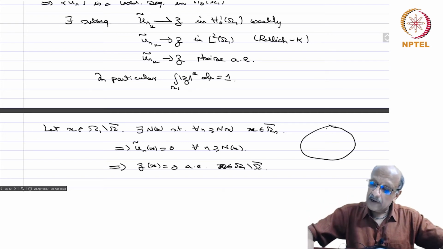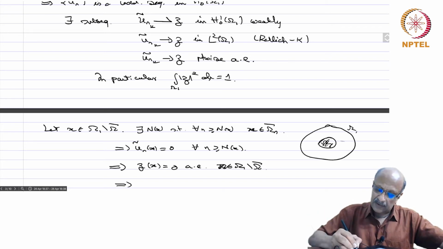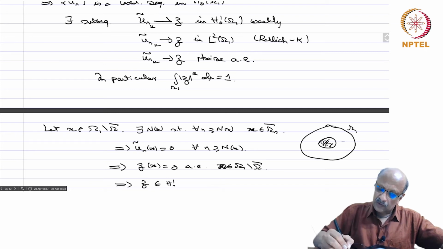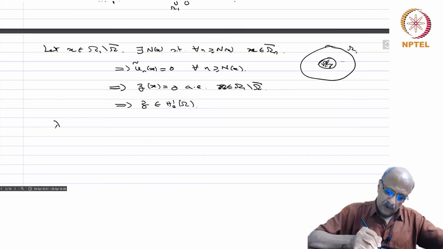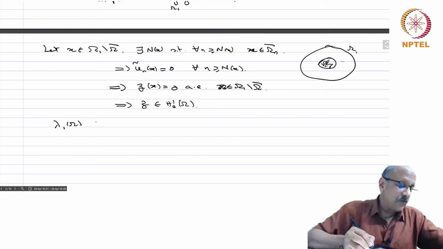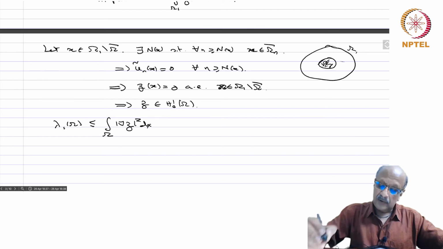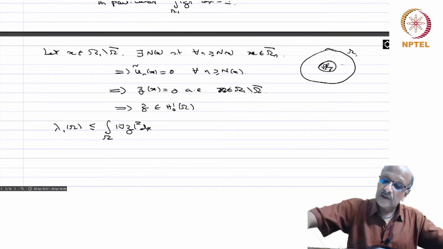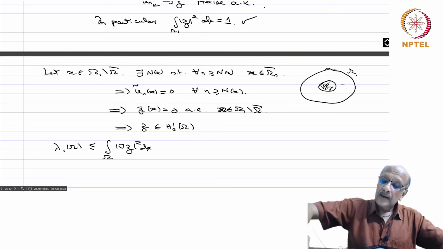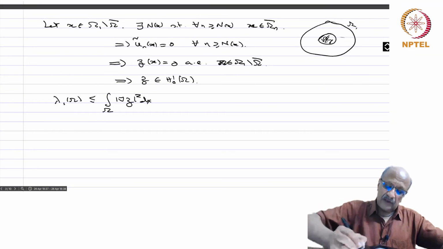So, you have Omega_1 here and Omega bar here, and therefore z is an H^1_0 function in the whole space which is 0 all over this place, and this implies that z belongs to H^1_0 of Omega. So, lambda_1 of Omega is therefore less than or equal to the integral of |grad z| squared dx on Omega. This is because the integral of z squared is equal to 1, and the Rayleigh quotient characterization tells you that the first eigenvalue is smaller than this.